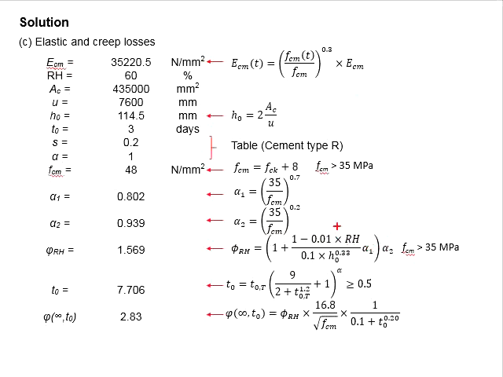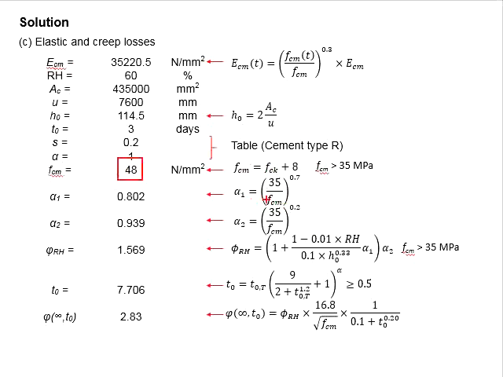Within the equations, there is relative humidity, which is given in the equations as 60%, and there is an h naught here. It is calculated from these equations, the area of the section divided by the perimeter, which is calculated here, and there are factors of alpha 1 and alpha 2, which can be calculated from these two equations as functions of fcm.